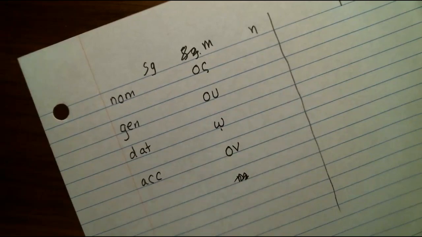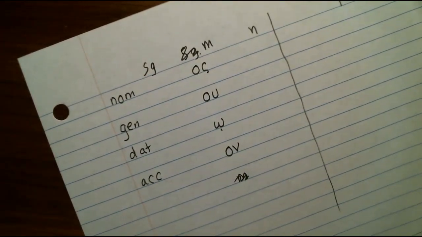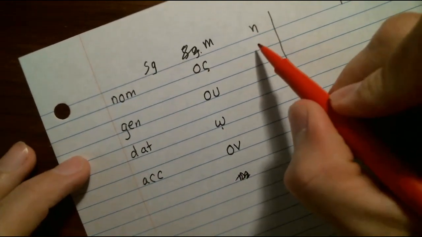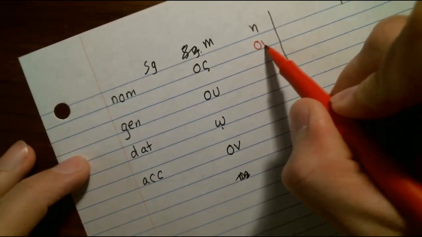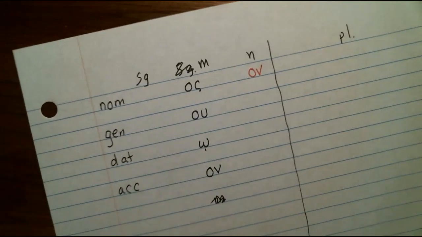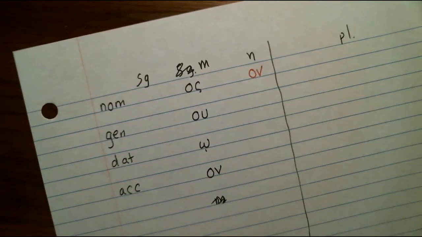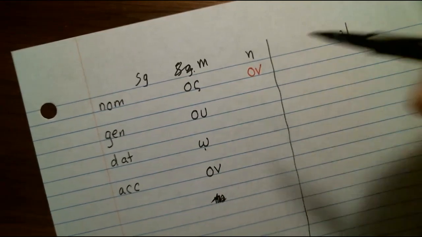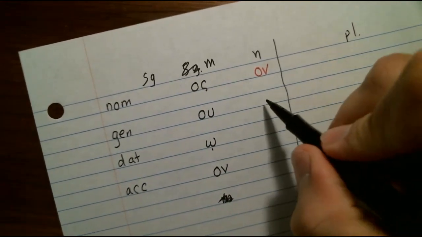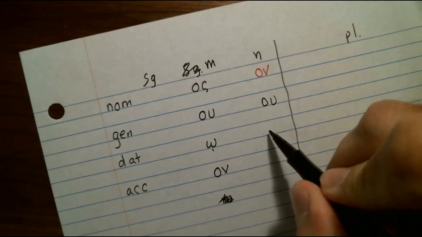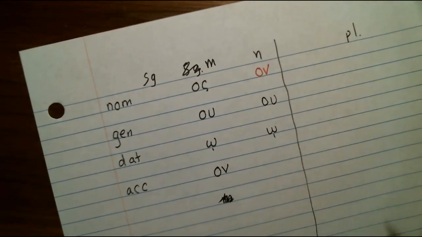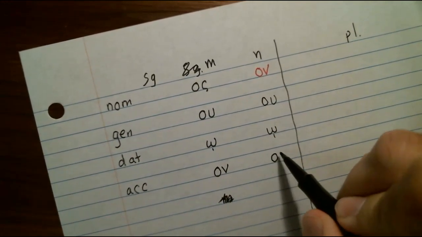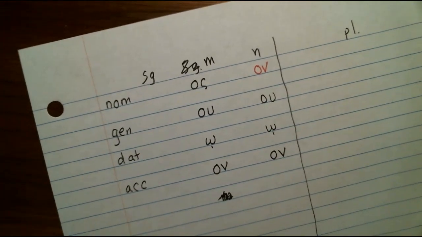The only thing that's going to be different, I'll write it in red, is the nominative, which is going to be -on for the neuter. So you're not learning anything new for the singular except -on in the nominative. Then you have -ou for genitive, -ō for dative, and -on for the accusative.